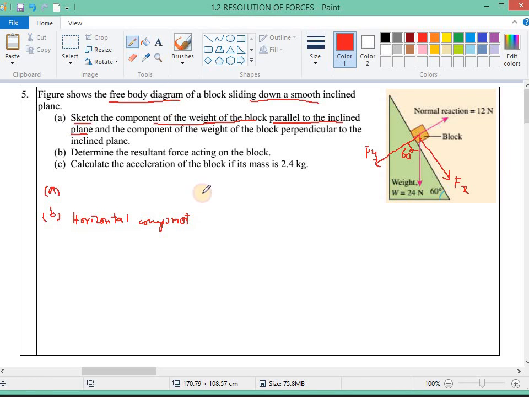Then horizontal component, this is Fx, and it would be weight times sine 60 degree.